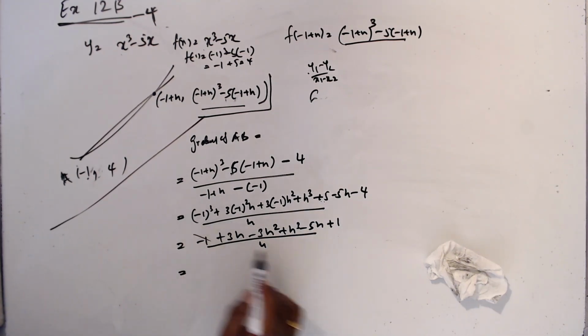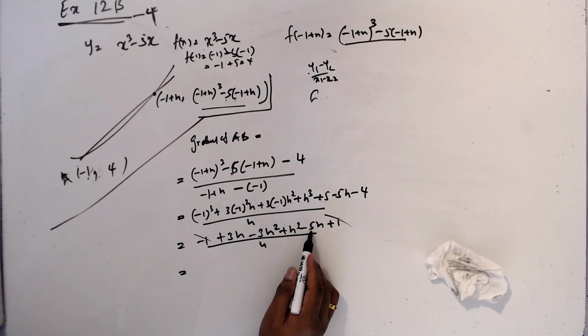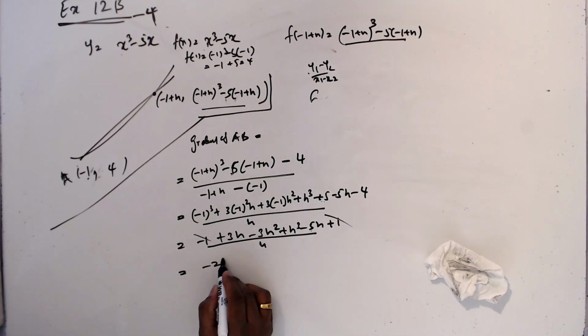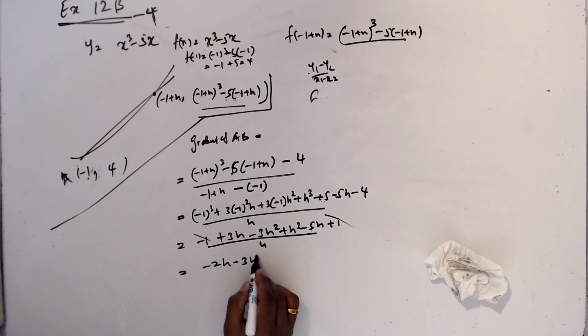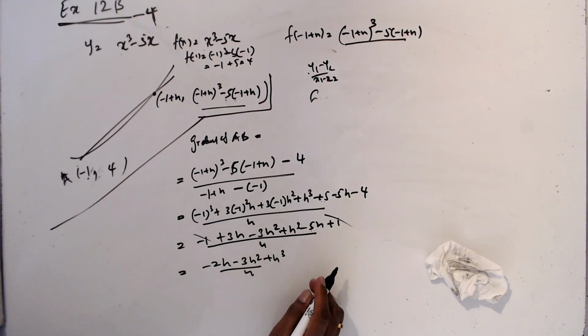Actually I can see minus 1 plus 1 cancel out, minus 5h plus 3h, minus 2h minus 3h square, h cube over h.